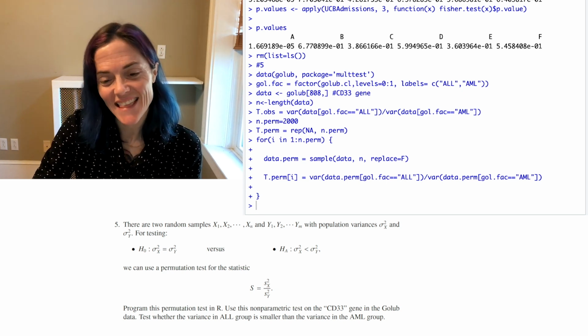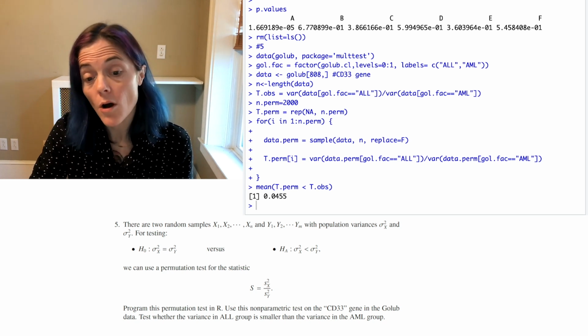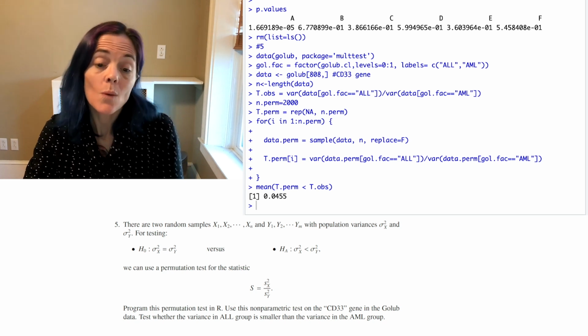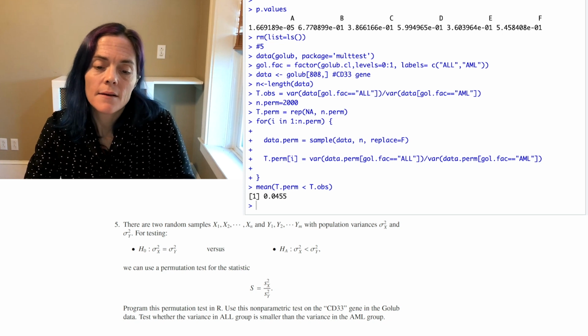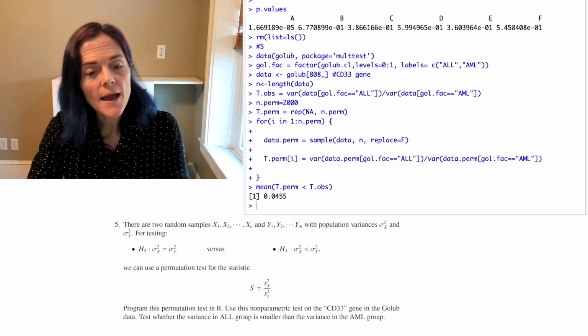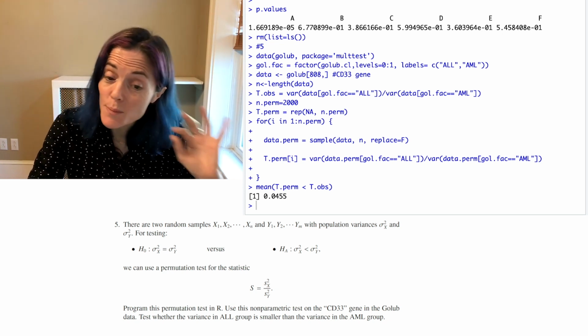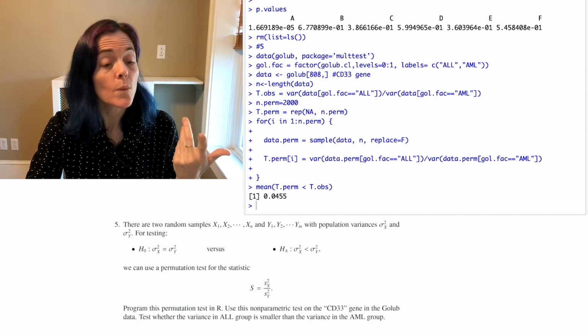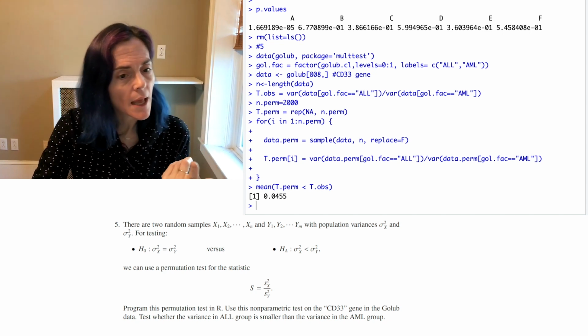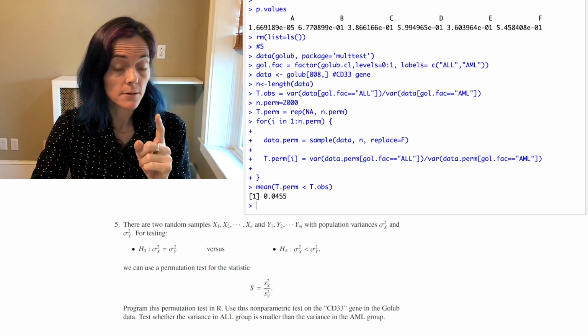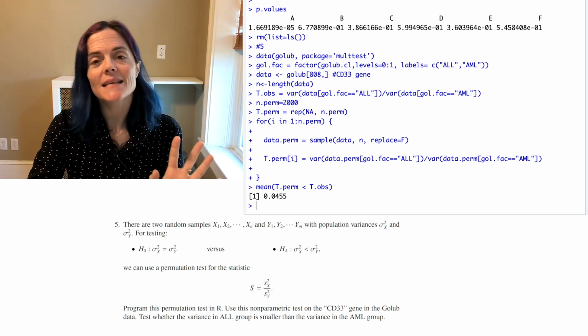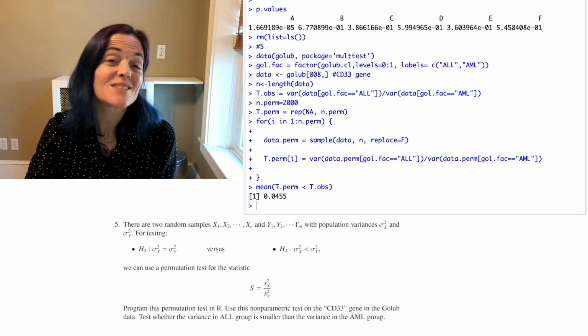So we can calculate that now. We get 0.0455. Well, this is less than alpha is 0.05. So at the alpha is 0.05 level, we would reject the null.